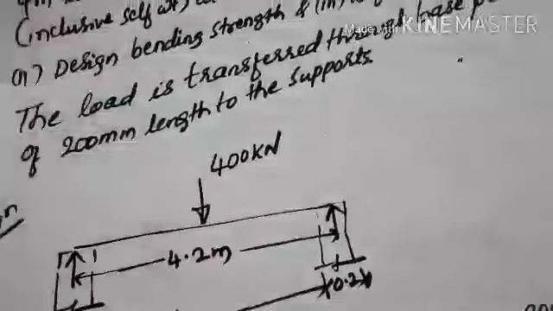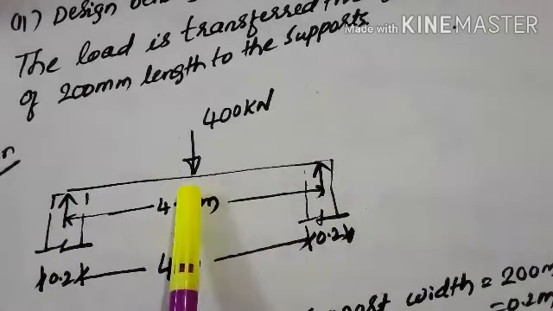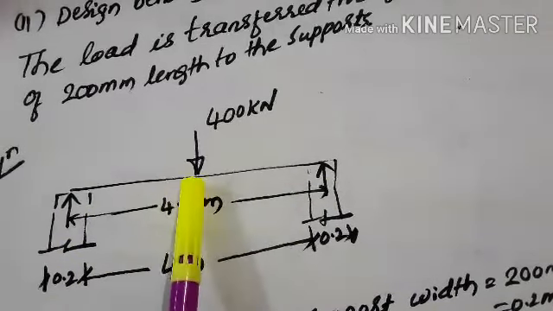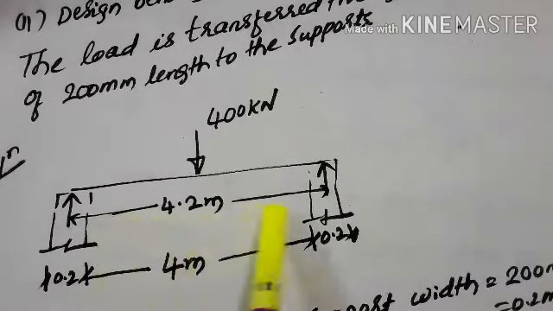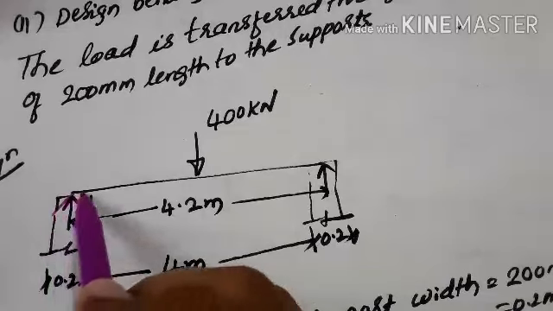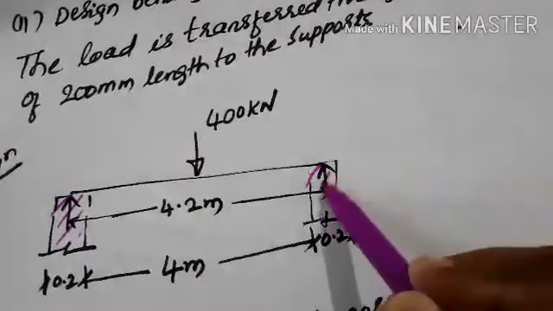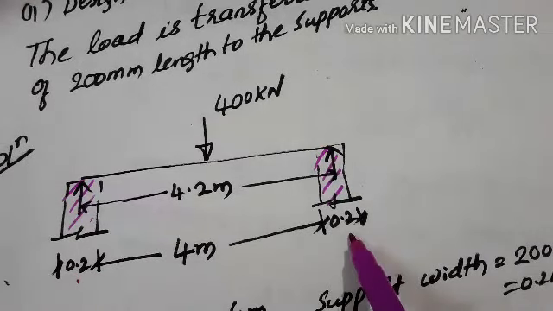A simply supported beam and a centrally concentrated load. The load is concentrated at the center like this. It has been given, and the clear span of this simply supported beam is 4 meter, and at the support bearing plates are given of width 200 millimeter, 200 mm this side, 200 mm this side.